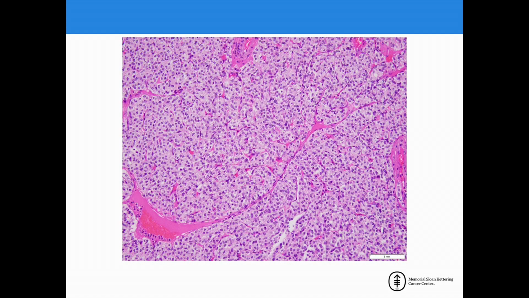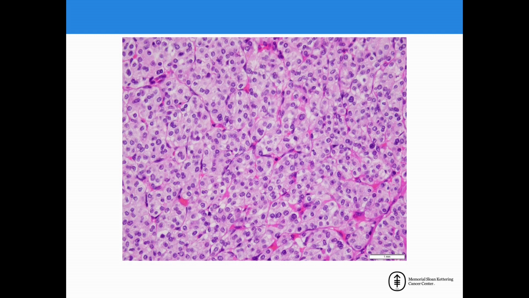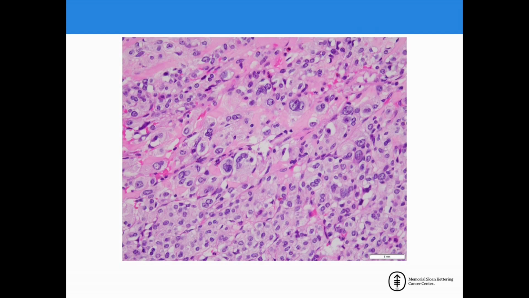There were also other areas with a very distinct nesting pattern, as we see here. Going higher, a very typical nesting or trabecular to nesting pattern. Some of these nested areas also showed some cytologic atypia with very large nuclei.